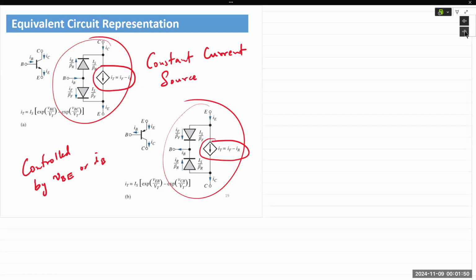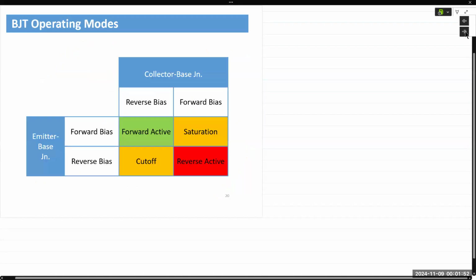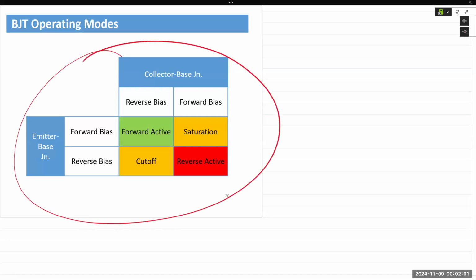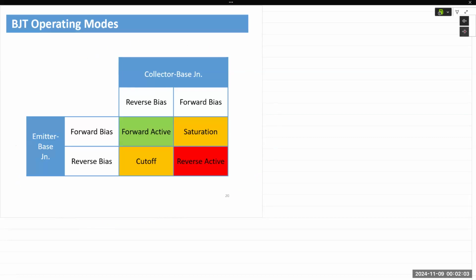Now, based on the biasing conditions, there are 4 operating modes of a BJT that are listed right here. So we have 2 junctions, and both junctions can be either forward bias or reverse bias. So if you have the emitter base junction as forward bias and the collector base junction as reverse bias, we refer to that as the forward active mode.